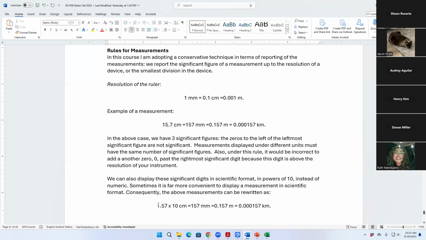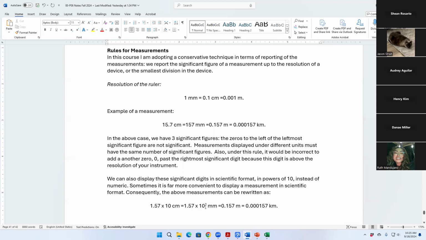If we write that in millimeters, notice that I still kept the same number of significant figures, 1, 2, 3. This number here, 10, is not a significant digit, okay? Make sense? Okay, and then we do the same for the rest. We have to preserve the number of significant digits. But because it's a different unit of measurement, we have to write that down with the next power of 10, that's 10 squared, okay?